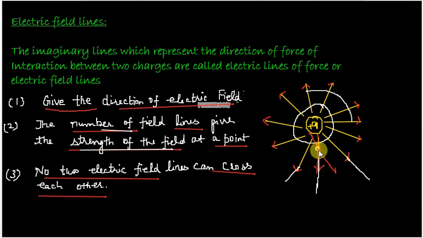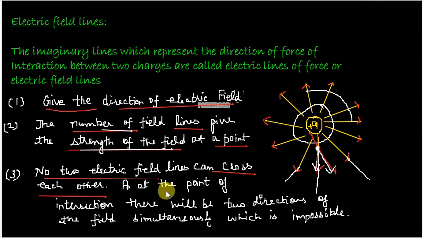It is because at the point of intersection you will have two directions of the electric field at the same time, which is impossible. So you can note down the answer as: no two electric field lines can cross each other, as at the point of intersection there will be two directions of the field simultaneously, which is impossible.